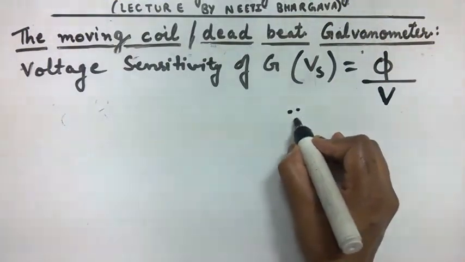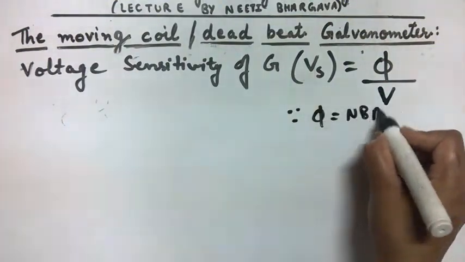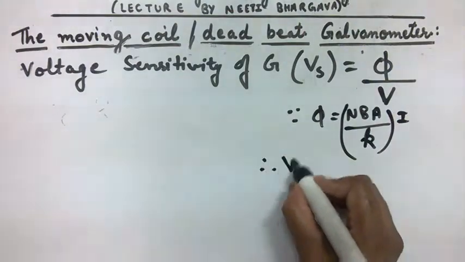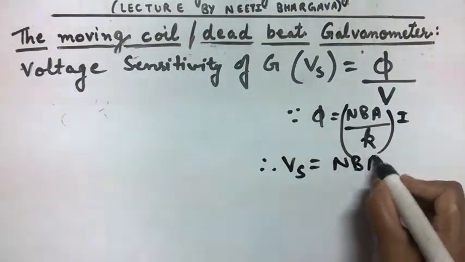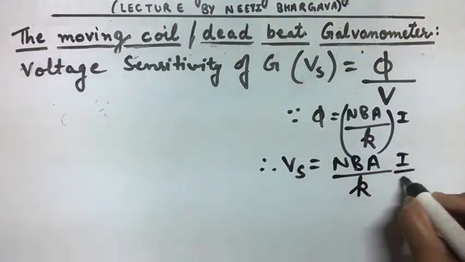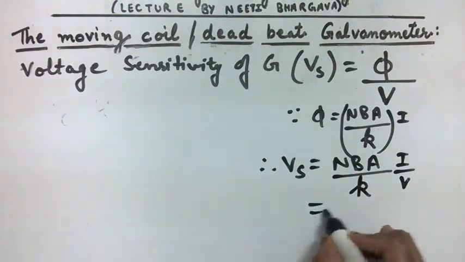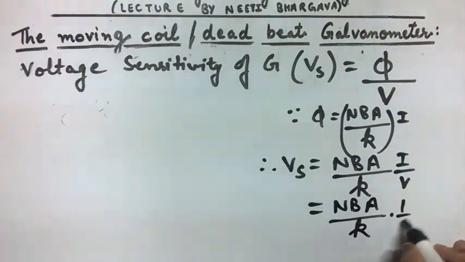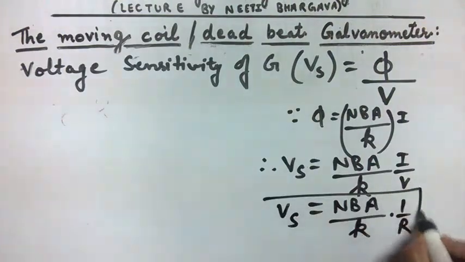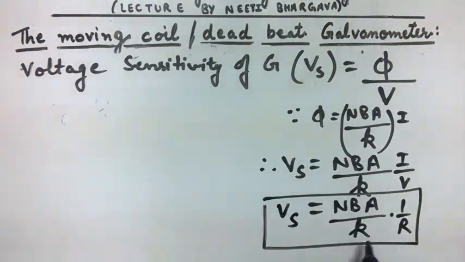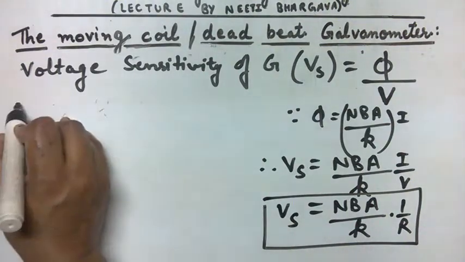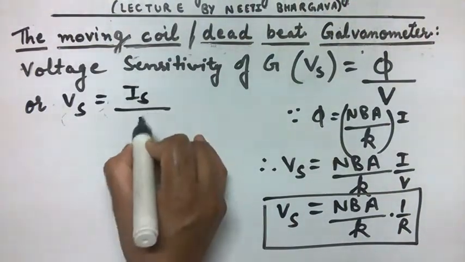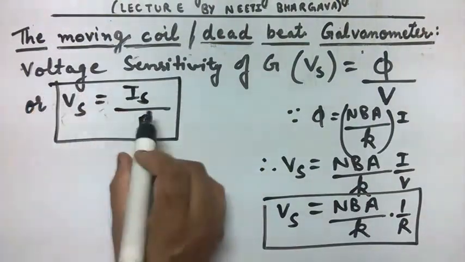As phi is equivalent to NBA by K into I, therefore Vs is equal to NBA upon K into I by V. By Ohm's law, we know that I by V is equal to 1 by R. And we have studied that NBA by K is current sensitivity, that is Is. So Vs is equivalent to Is by R.